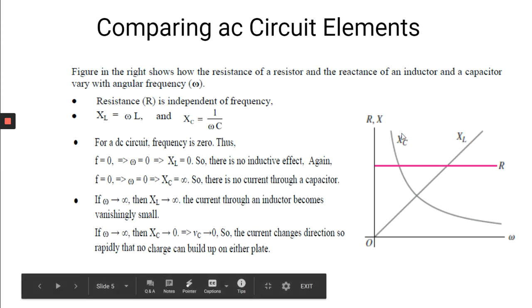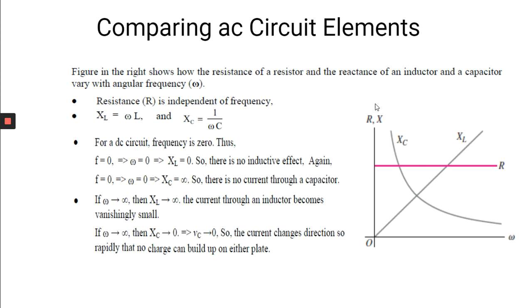What is X? Already you have discussed that X is the reactance. Reactance is the resistance offered by either the inductor or the capacitor. When considering the inductor, it is known as inductive reactance. When you consider the capacitor, it is known as capacitive reactance.